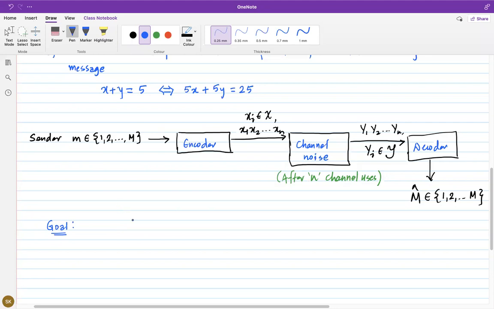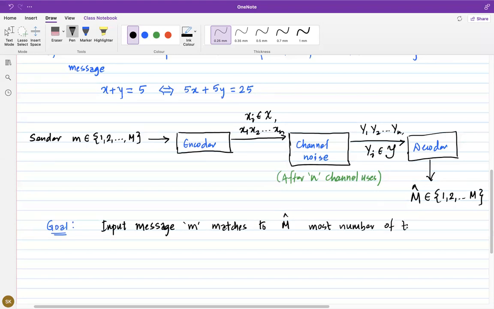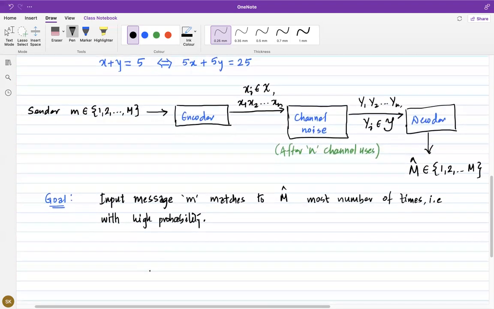So that's roughly the goal: the input message m matches M hat with high probability.